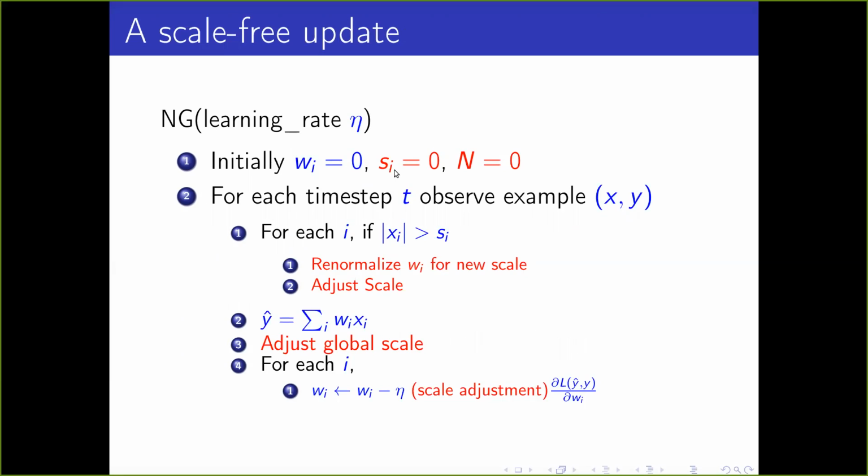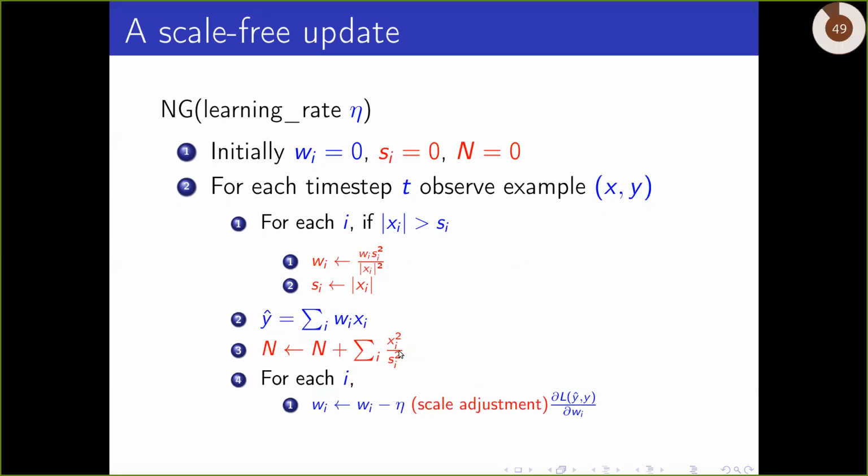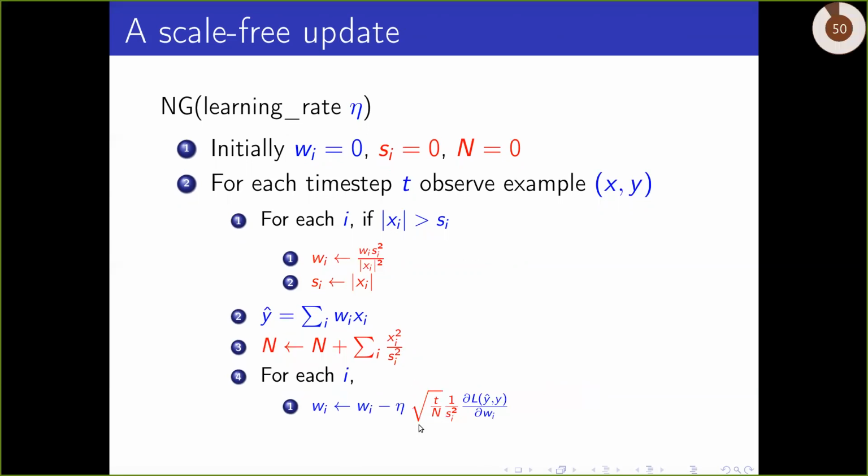So we're going to have a scale and an overall normalizer. We're going to renormalize the Wi to a new scale whenever we discover that the feature value is too large. And then we're going to adjust the scale, just to remember what we're using. And then we're going to adjust our global scale, and then we're going to use that scale adjustment.